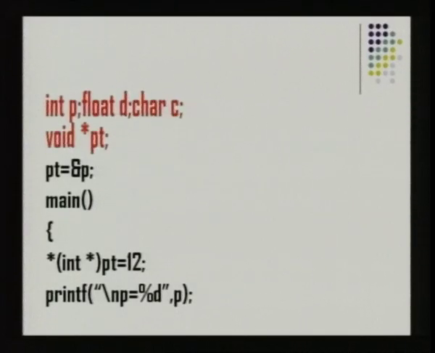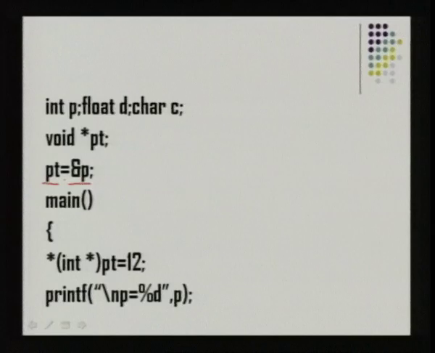So, we will see an example program of how void pointers are used. Now, here if you see, I am having 3 variables of type integer, float and character, and I am having one pointer variable of type void, and I am assigning first the address of this integer variable to the pointer variable. So, here is where I define the type of the pointer variable.